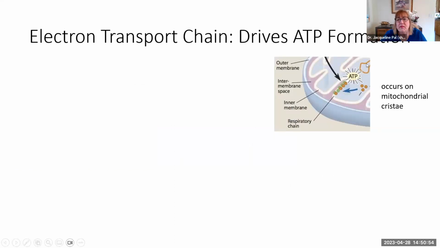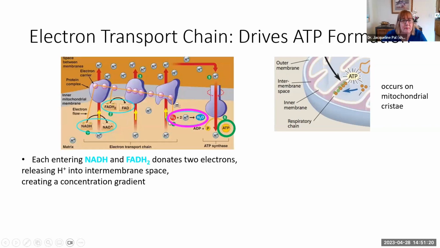So once we're done with the Krebs cycle, we move to the cristae of the mitochondria. And so those chemical compounds are going to be sitting right here on the edge. And I want you to realize that on the cristae, we have an edge on each side of that inner membrane. And then we have a space called the intermembrane space as well.